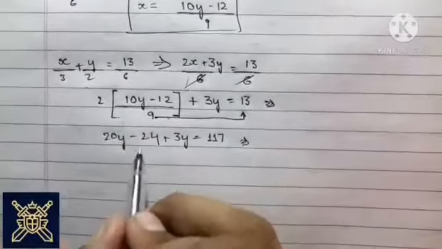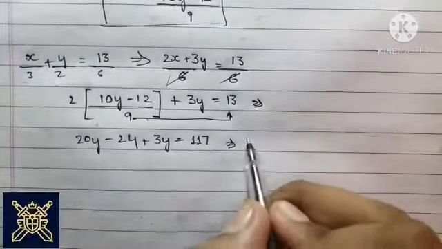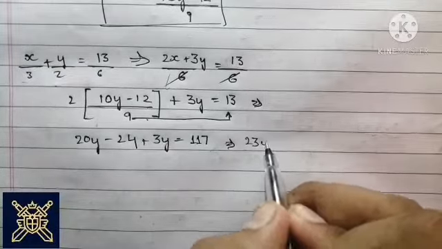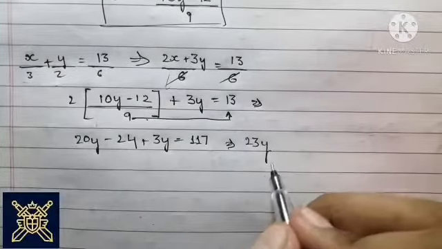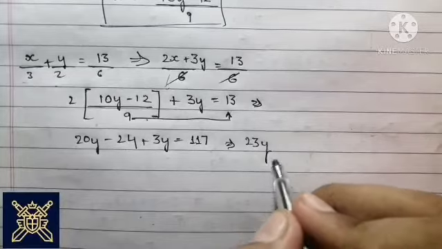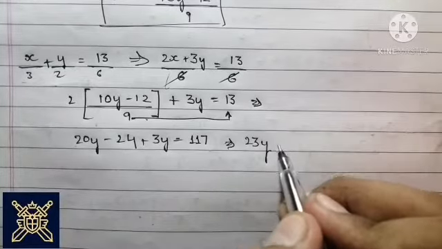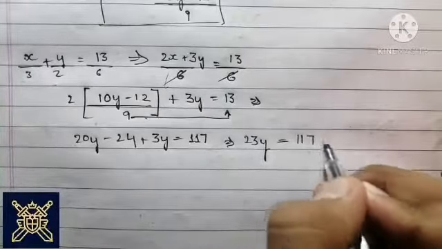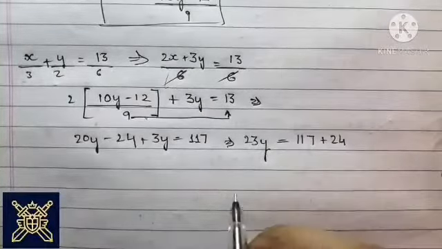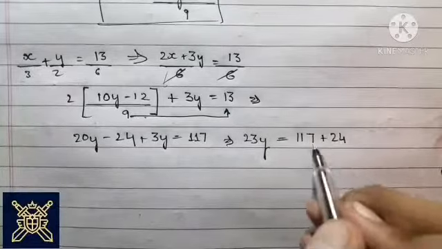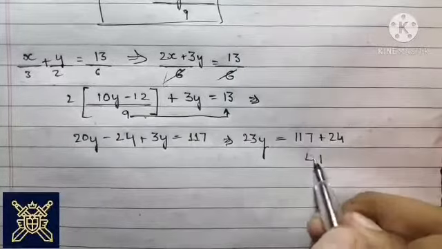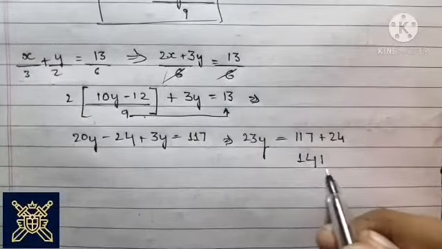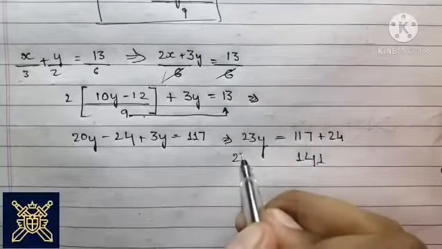This implies that 20 plus 3y is equal to 23y is equal to 117 plus 24. Add them. You get 141 by 23.